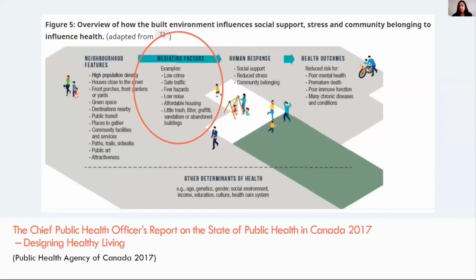But what we do need is things like low crime, low noise, little trash and litter, few hazards, better safety, which is a complicated concept, and affordable housing. And two, the determinants of health, like age, gender, race, income, and education that Dr. Lee mentioned in her presentation a little while ago. And all of those really play a role along this whole pathway.